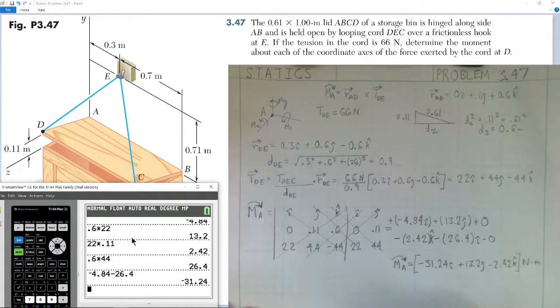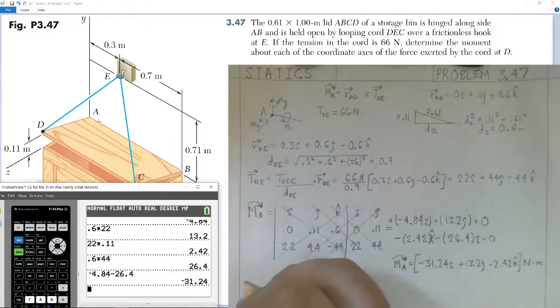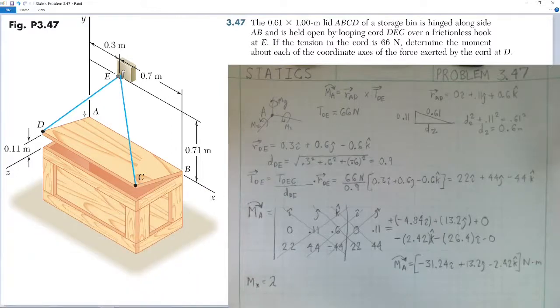Now the question originally asked us for the moment about each of the coordinate axes. So the moment about each coordinate axis would be simply Mx, in scalar form, and it would be equal to the unit vector, say going from A to B. Well, the unit vector going from A to B on the x-axis is going to be i hat.